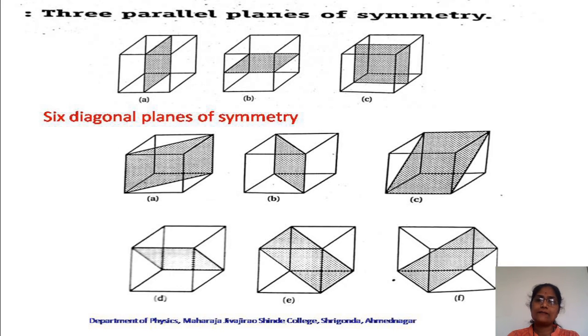Then diagonal planes. The figures A, B, C, D, E, F, which are beneath this figure, are showing the diagonal planes of symmetry. They are passing through body diagonals. Therefore, in a crystal, there are a total of 9 planes of symmetry.